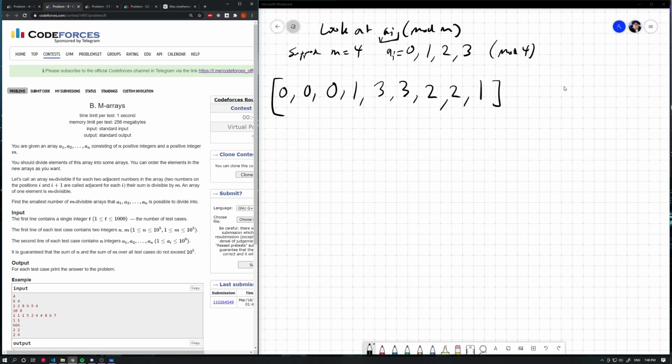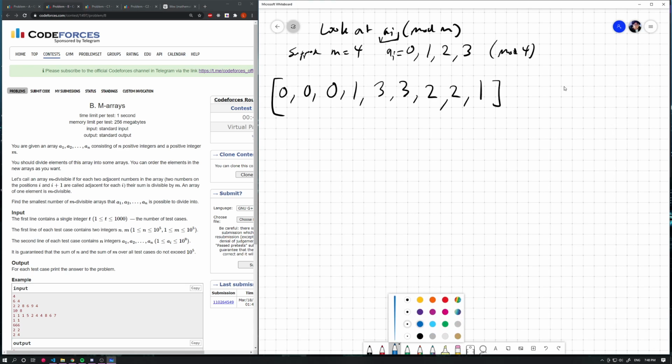But that isn't optimal. If we look at these numbers mod m, the analog to a sum being divisible by m is basically that the numbers add up to 0 mod m.